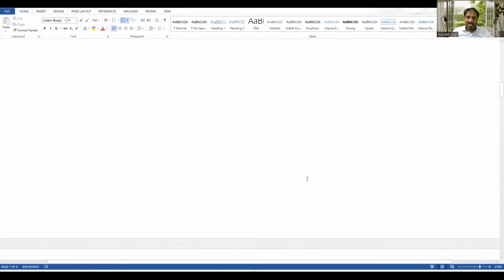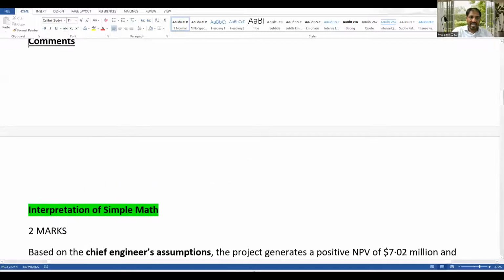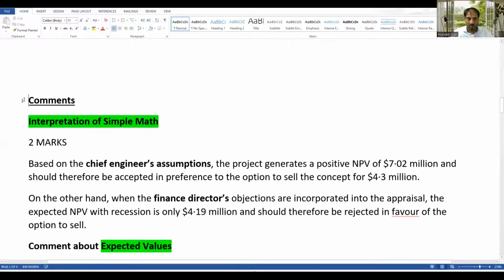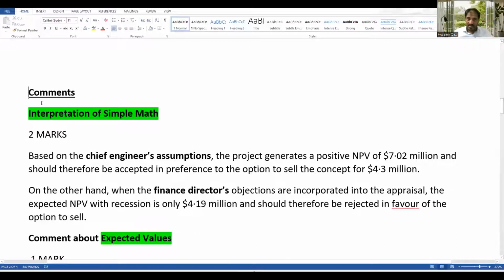So let's read the solution. Now come on, this is the solution, the student caliber solution that I have made for you. Number 1, I will start with interpretation.